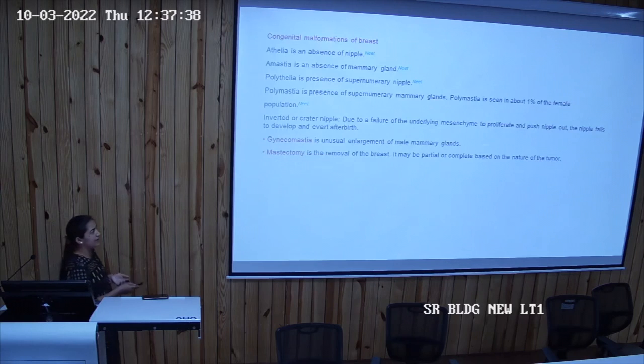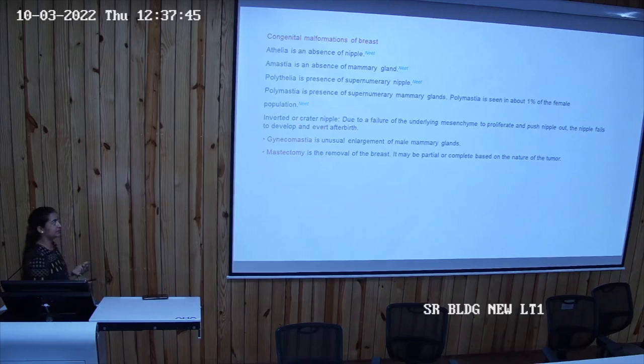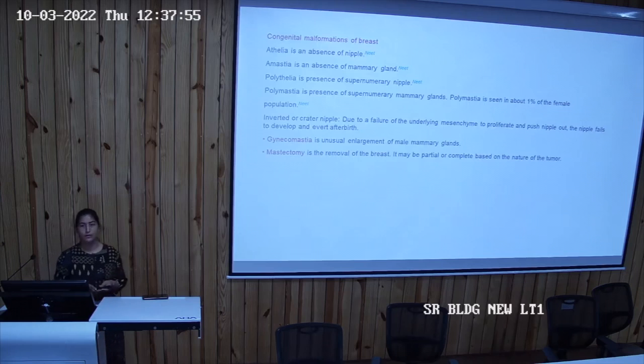So that mesenchyme is missing in those nipples, which are called inverted or retracted nipples. Then patients can present with gynecomastia. I guess you all know what gynecomastia is. And what is mastectomy? Partial or complete removal of the mammary gland, which happens in breast carcinomas.